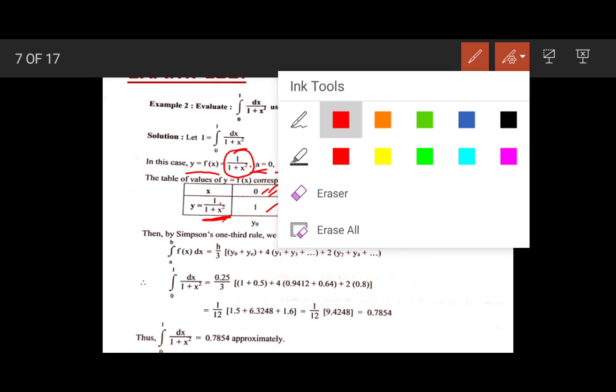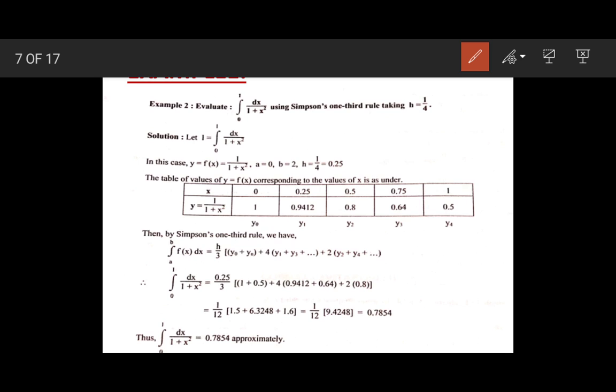When x is 0.5, then y will be 1 upon 1 plus 0.5 whole square, which is equal to 0.8. When x is 0.75, we substitute x as 0.75 here and we get 0.64.